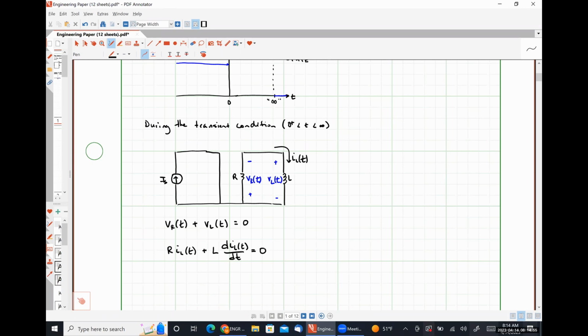Effectively, what I mean by that is we are trying to find some mathematical function to substitute in for our inductor current IL of t, such that the function multiplied by some constant, which happens to be our resistance, plus the derivative of the function multiplied by some constant happens to equal 0. So I need a mathematical function where the function plus the derivative can possibly equal 0. Go.